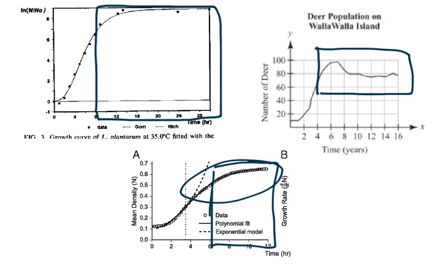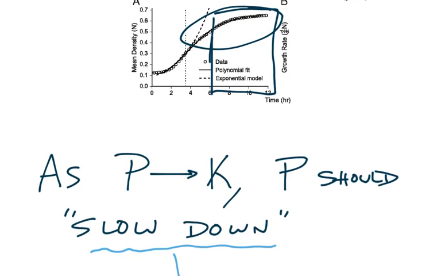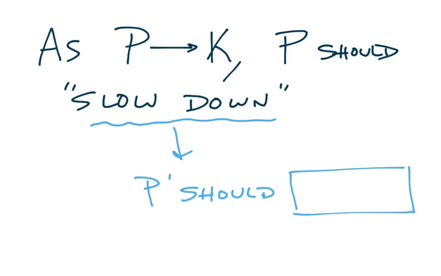Heuristically speaking, meaning I'm not saying anything really exact here, just intuitively, the same thing is true for all 3 of these cases: as a population approaches its carrying capacity, its growth rate should slow down. That's what we're seeing here. So let's write this down. As P approaches K, the carrying capacity, P should slow down.